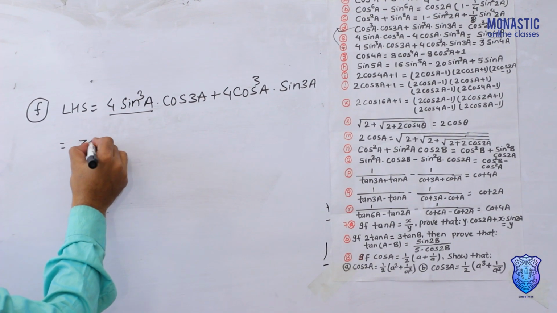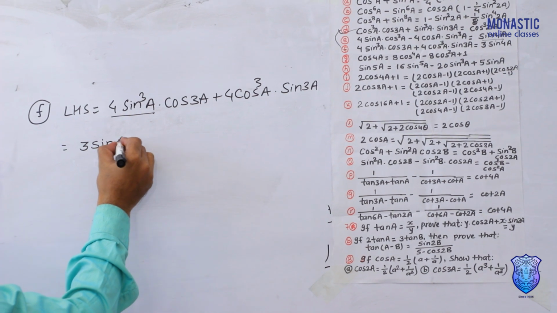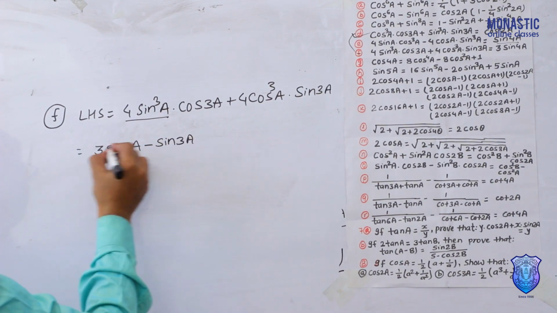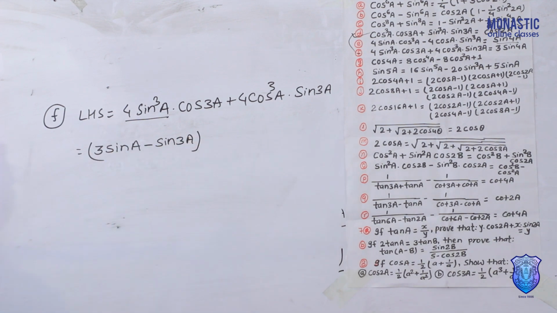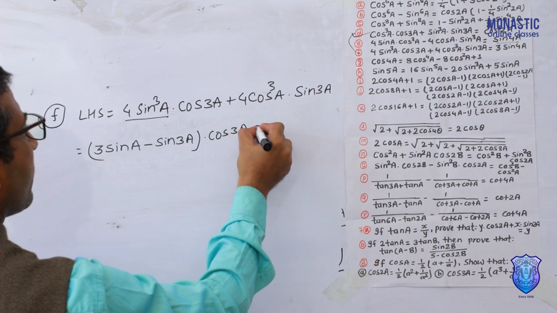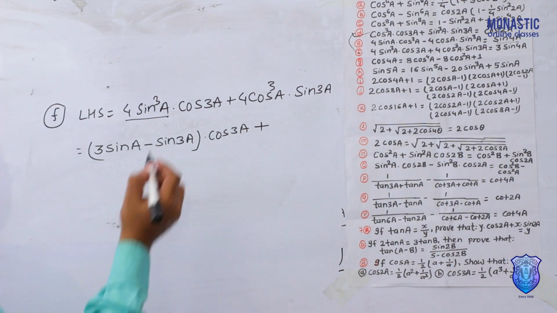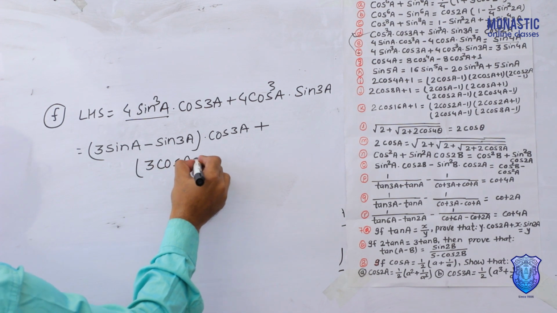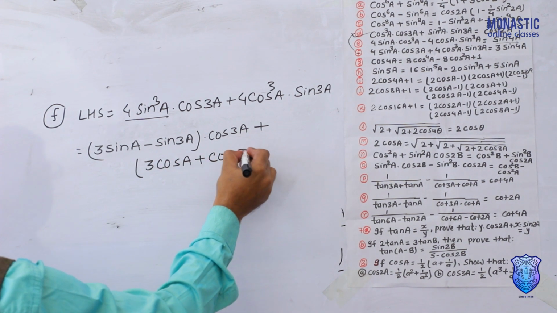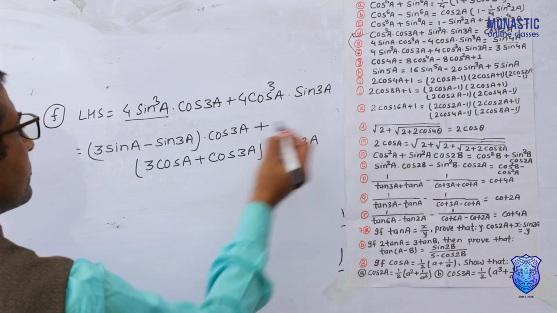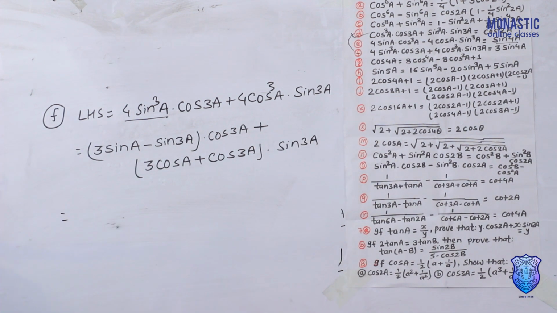The 4 sine cube a formula is 3 sine a minus sine 3a, into cos 3a, plus 4 cos cube a formula is 3 cos a plus cos 3a, into sine 3a. Now what can we do?